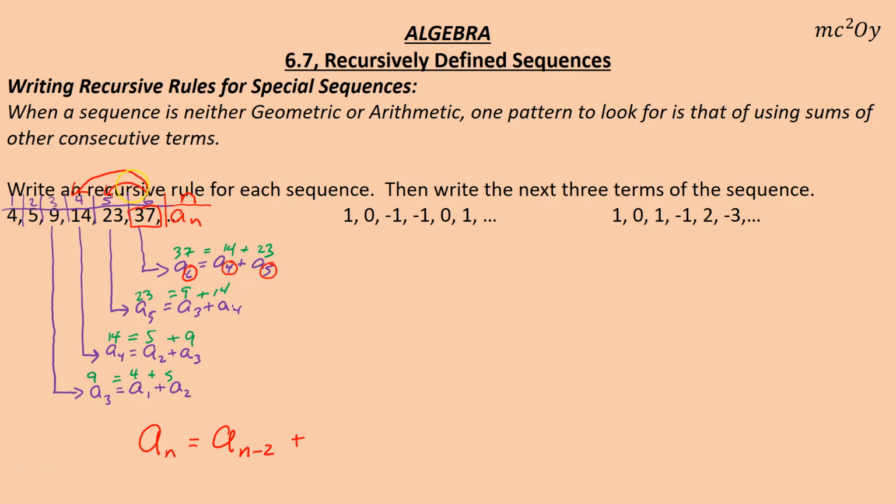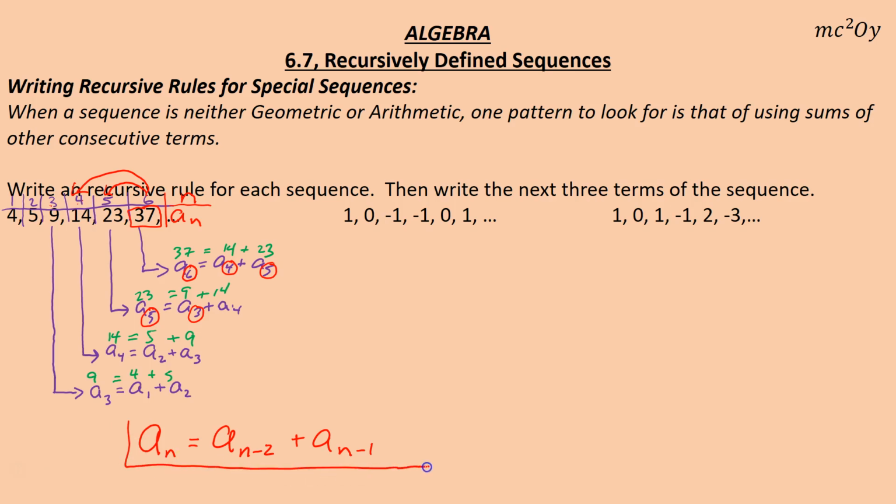Because that was the fourth, which was 2 behind 6, and the fifth, which was 1 behind 6. Okay, and that works here as well. The number in the fifth position is equal to the number in the third position, which was 2 behind it, plus the number in the fourth position, which was 1 behind it.